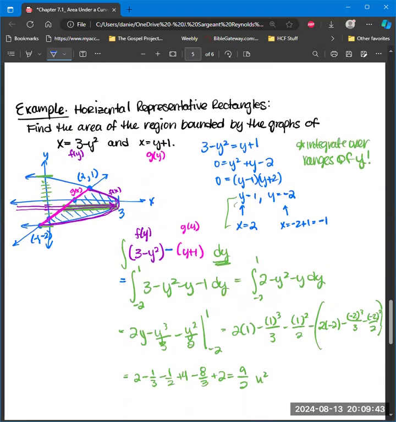Let's go ahead now and look at example 3, where we're going to use horizontal representative rectangles and find the area of the region bounded by the graphs of x equals 3 minus y squared. That's going to be this piece here. And x equals y plus 1 is going to be this line here.